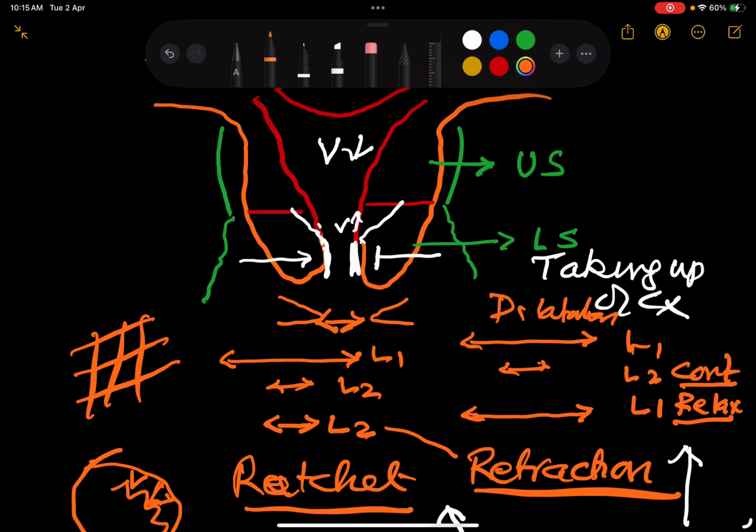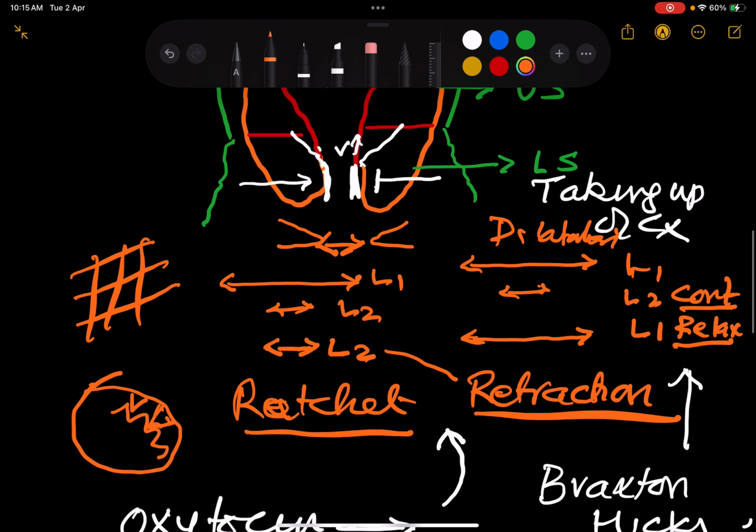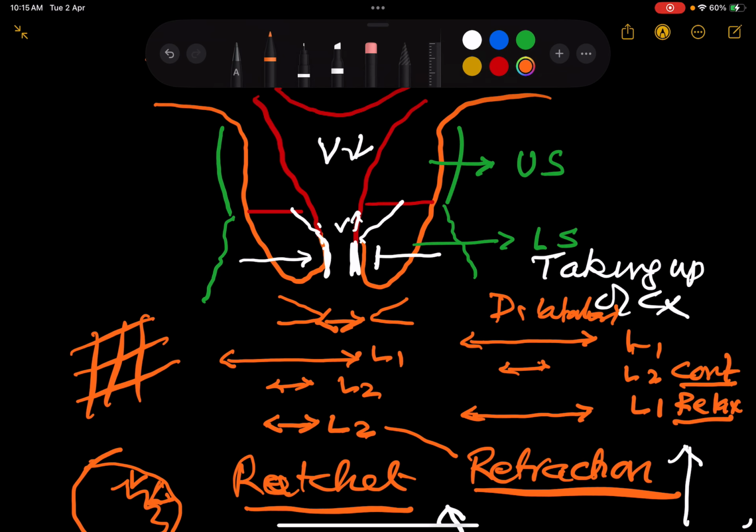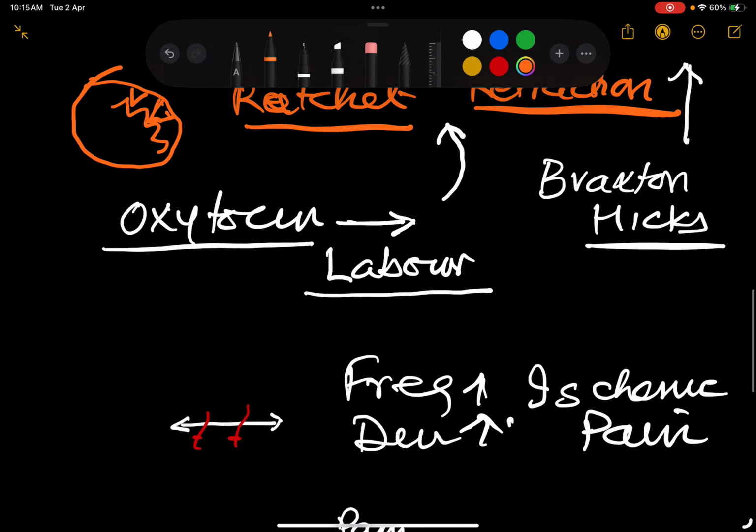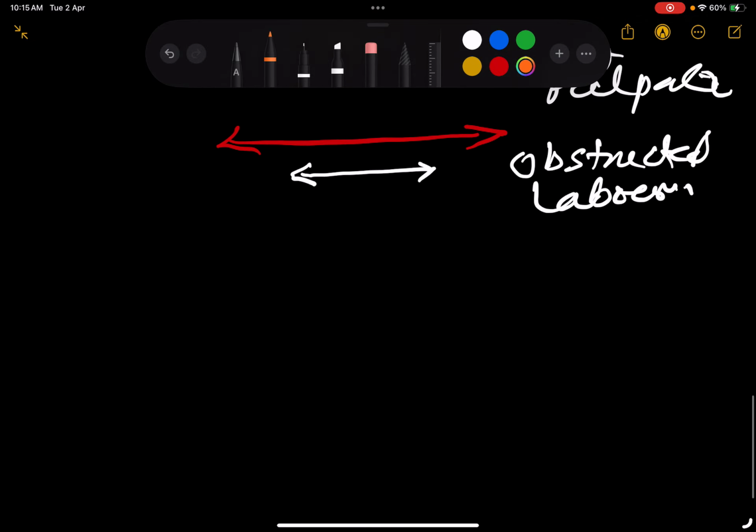And it goes on dilating till the cervix becomes absent or not palpable, and the vagina and the uterus merge. So the vaginal cavity and the uterine cavity become one. There is no palpable cervix in between.